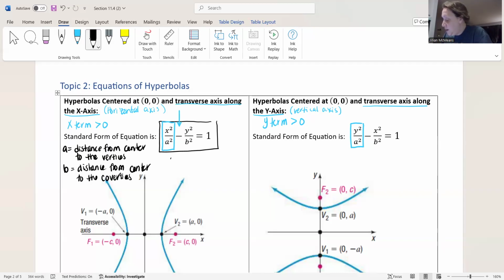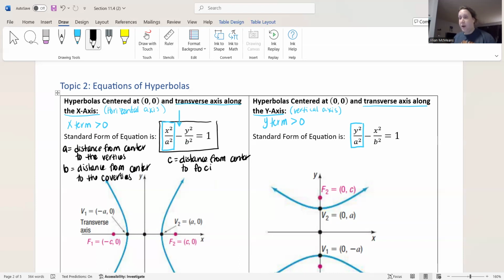And then over here, we're going to say c. We haven't talked about how to get c yet, but c is the distance from the center to the foci. So we need to find a way to find what c is. And remember, in the previous section where we were talking about the ellipse, we had a Pythagorean relationship.